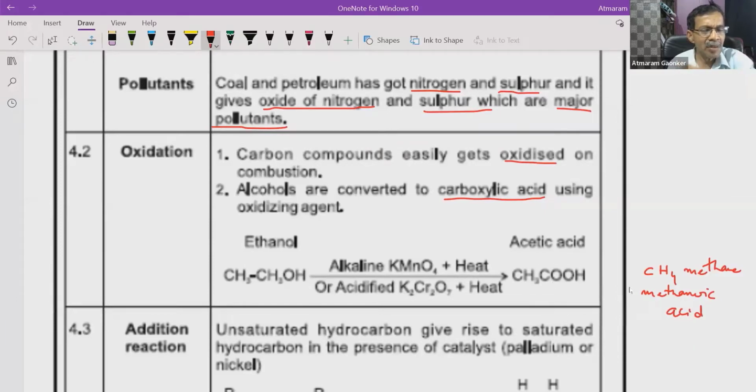So in this oxidation reaction, the oxidizing agents are KMnO4 or K2Cr2O7. You have to remember the names of these. Ethanol is converted into acetic acid. This chemical reaction we should know by heart.